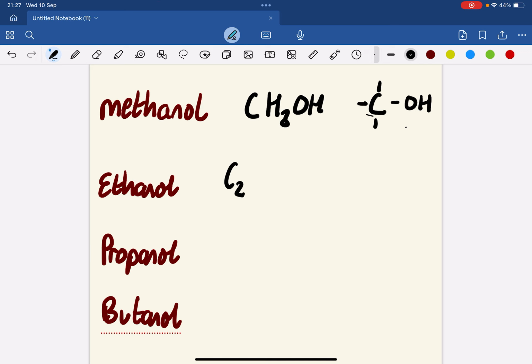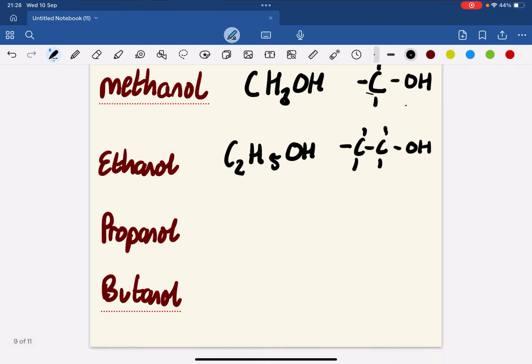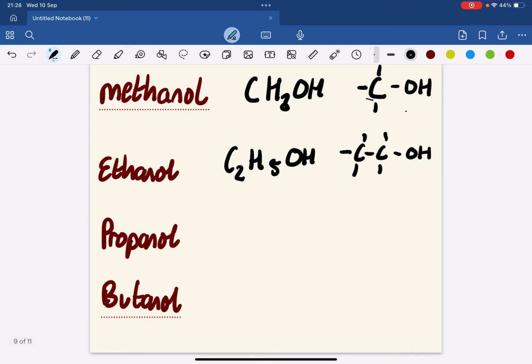Ethanol, C2, remember the hydrogens, we need to double it plus 1, so that's going to be 5. And we have our 2 carbons with our 5 hydrogens around it, and then our OH functional group. Propanol, we've got 3 carbons. If we have 3 carbons, we double it plus 1. That's going to be 7 hydrogens.